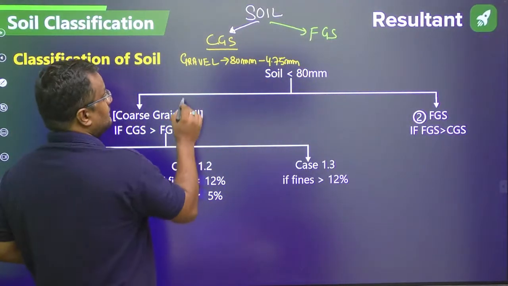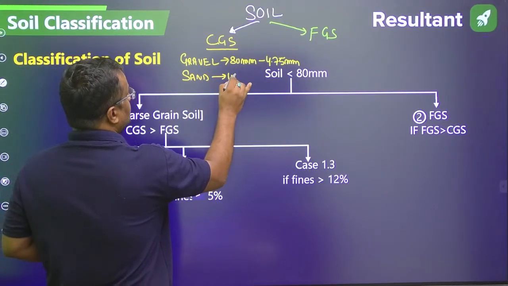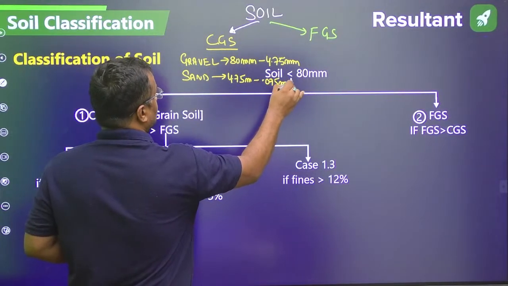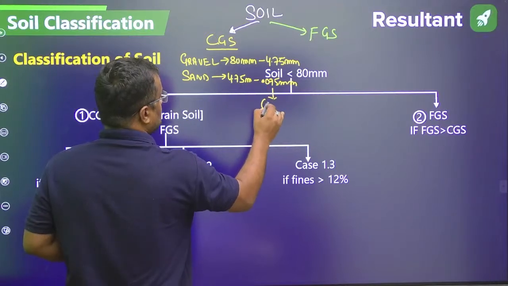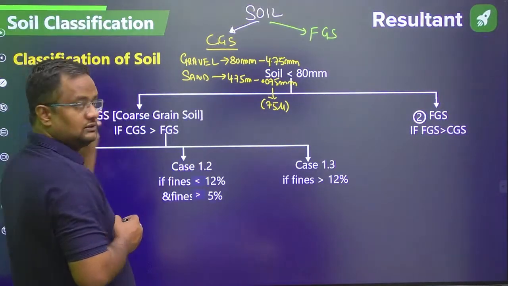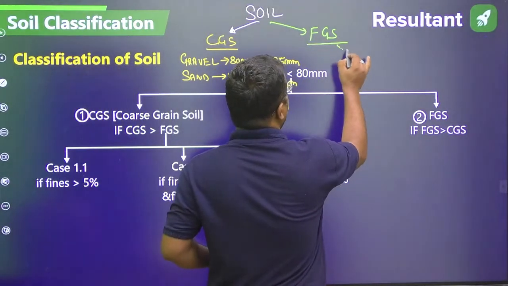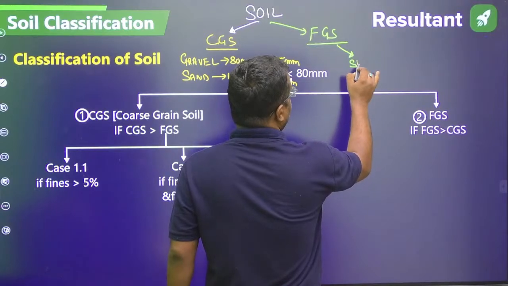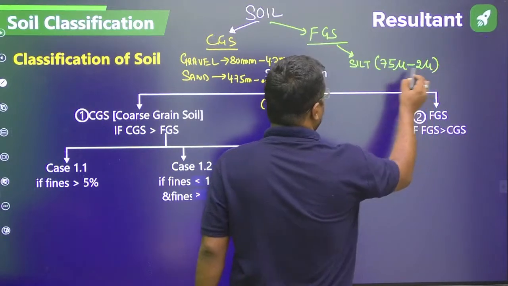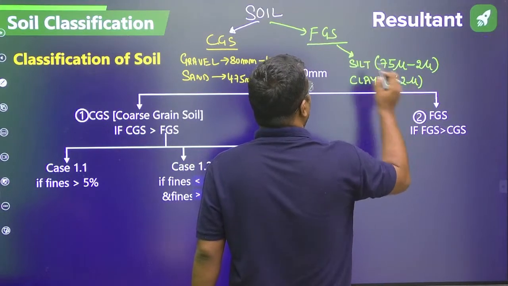And sand is also coarse grain soil, from 4.75 mm to 0.075 mm. 0.075 mm is also called 75 micron. Coarse grain means large diameter: gravel and sand. Fine grain soil is again of two types. One is silt, with size from 75 micron to 2 micron, and clay, with size less than 2 micron. That is fine grain soil.